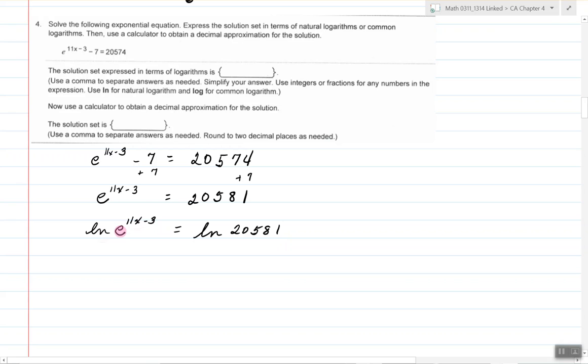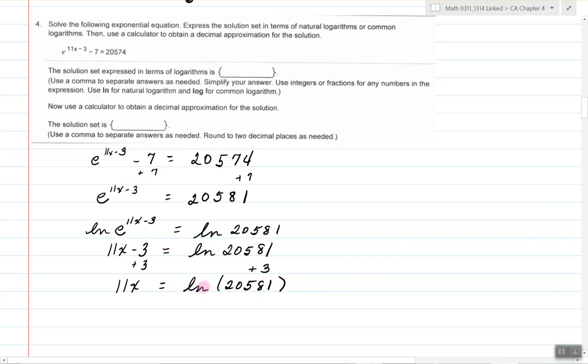Using my inverse property, I know that the natural log, which is a log base e, of e to a power is equal to that power. 11x minus 3 is equal to the natural log of 20,581. I'm going to add 3 to both sides. Now, please understand you are not adding 3 to the argument of the logarithm, so I'm going to write it as 11x is equal to the natural log of 20,581 in parentheses.